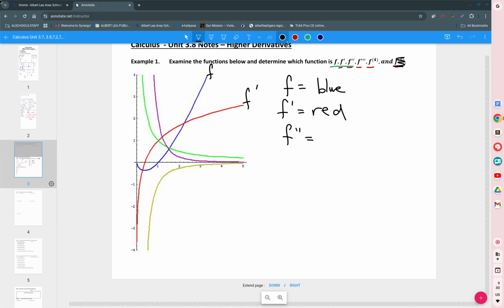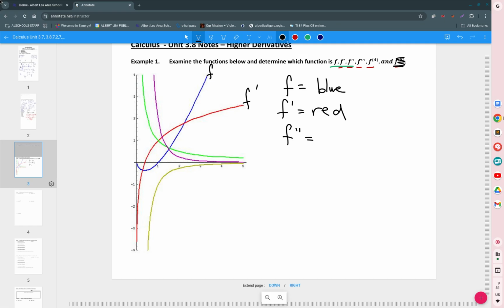15 seconds, which one is f double prime? Which is the graph of f double prime? Okay, which one is it not? It's not the yellow because the derivative of the red function is always positive. Therefore, the graph should always be above the x-axis.